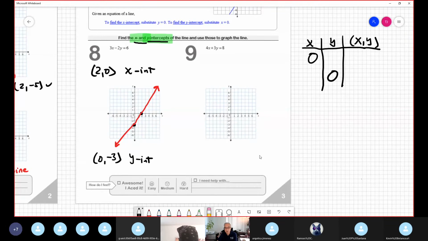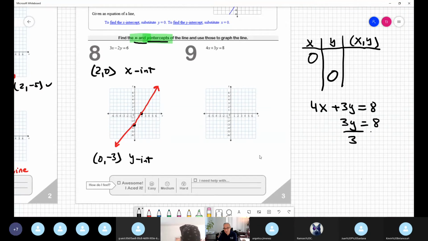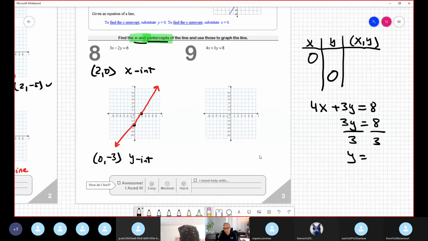Okay, the substitution. My equation is this. When you put 0 in x, my equation is reduced like that. Divided by 3, y is equal to 8 over 3. And 8 over 3 in decimal. What is the reason I need to convert to decimal? Because it's much better for me to see it on the graph.